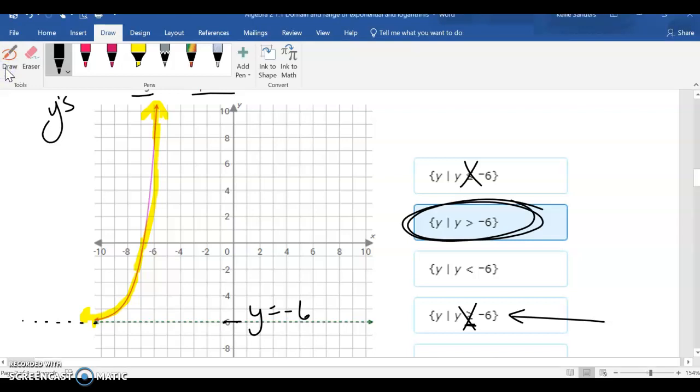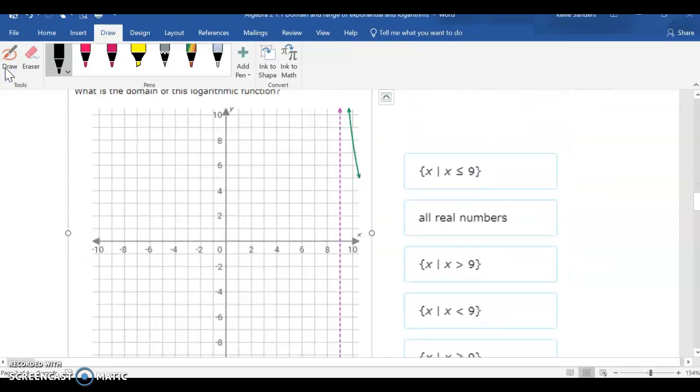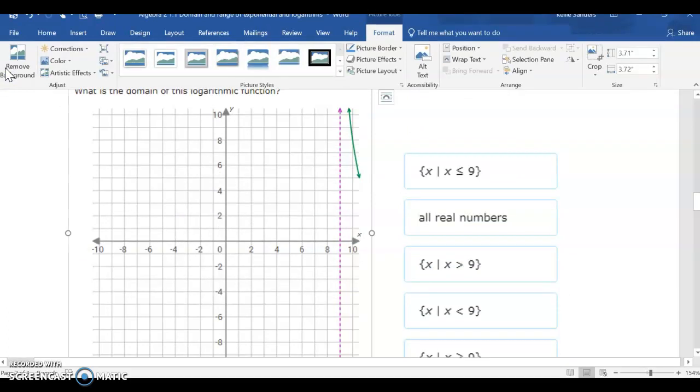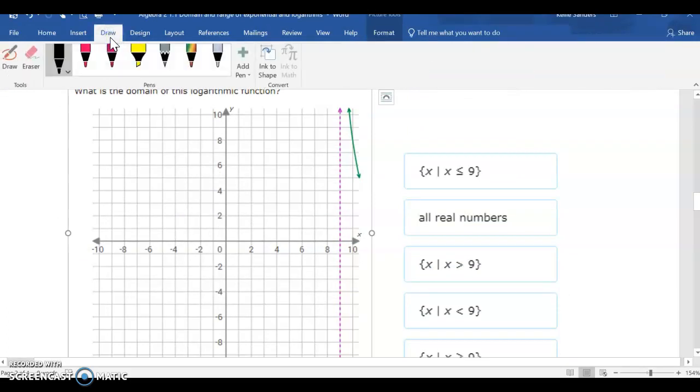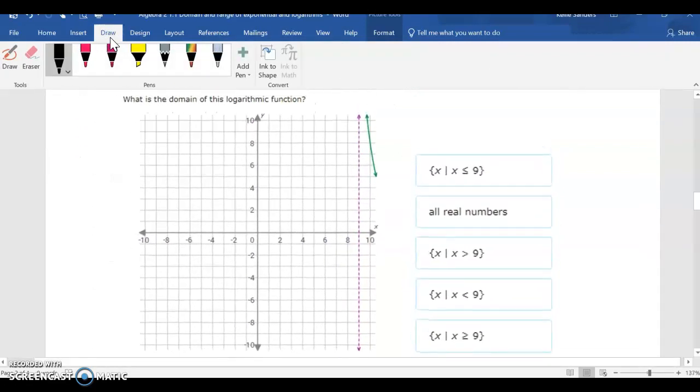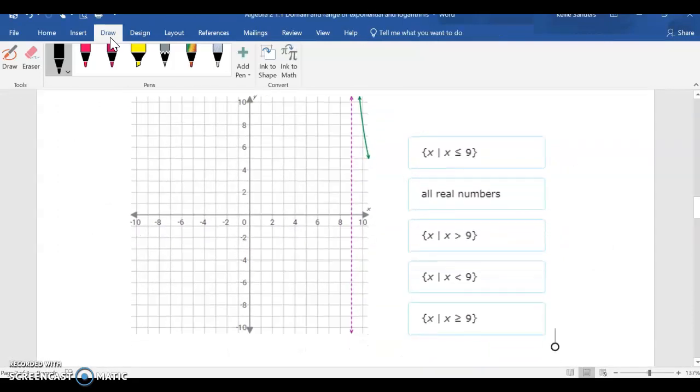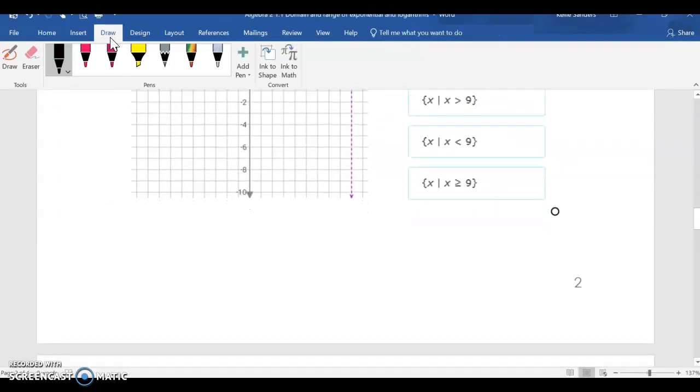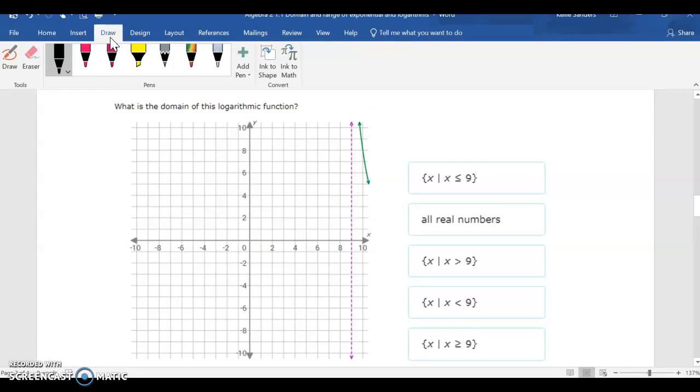All right, now let's go, let me see. Okay. Now these, I know I'm skipping around. This is a logarithmic. A logarithmic graph or equation is the inverse of an exponential graph or equation.